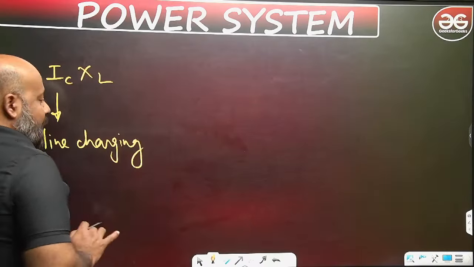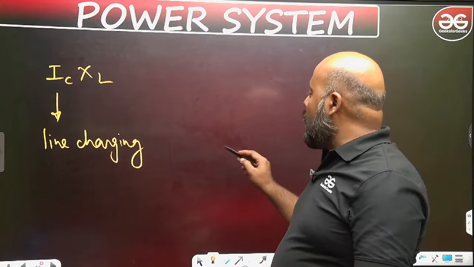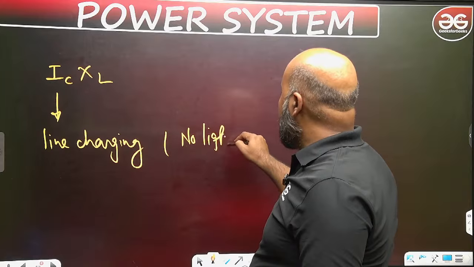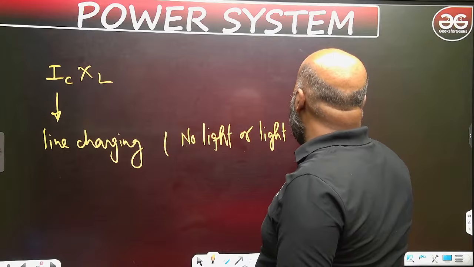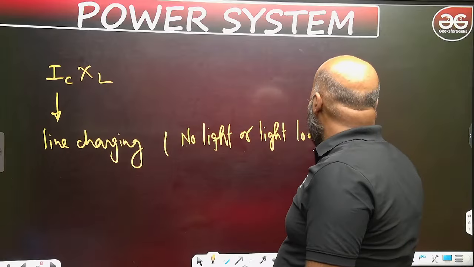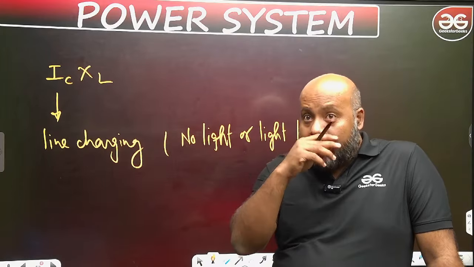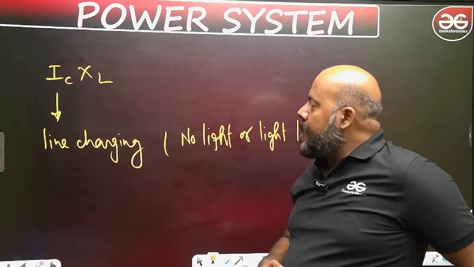So IC is the line charging current. You have the line charging current in your line if you have a no load or light load condition, because when load is high, most of the power or the current is going to be real. Yes or no? Because ultimately we are delivering the real power.